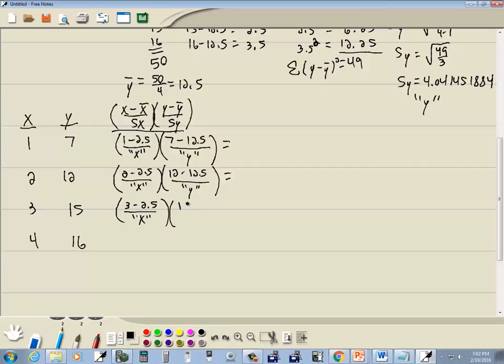And this one will be 15 minus 12.5 divided by y. And this one will be 4 minus 2.5 divided by x. And this one will be 16 minus 12.5 divided by y.